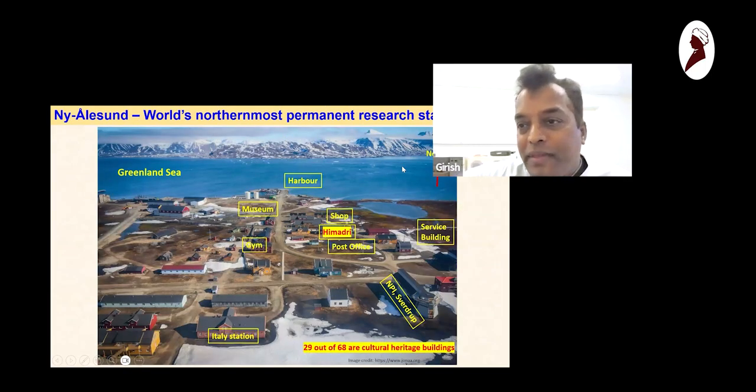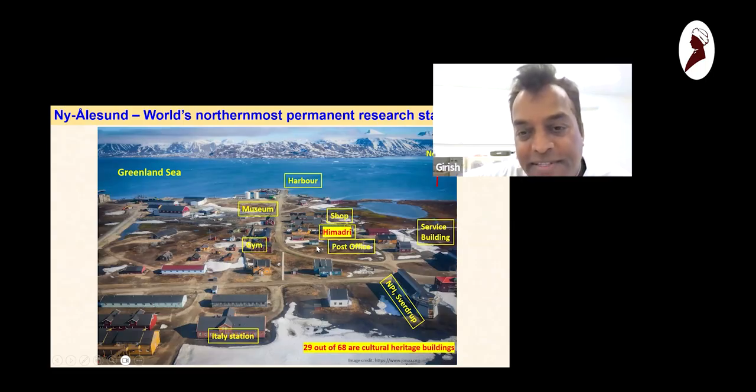What you saw from that aerial view was this place, which was covered with snow, and then there were artificial lights. This is a picture taken during a different time, probably during polar day. You don't see a lot of ice in the settlement. This building here is Himadri, India's research station. What you see here in blue is the world's northernmost post office.